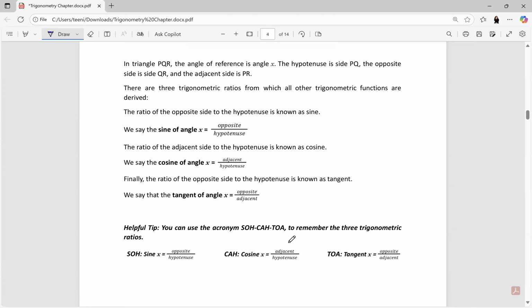And then TOA, tangent, is opposite over adjacent. I know it sounds very silly, but I learned SOHCAHTOA 17 years ago, and it stuck with me forever. When you start to do trig, I'm pretty sure your math teacher is going to say it, and we feel real proud about it. But yeah, it really does help.